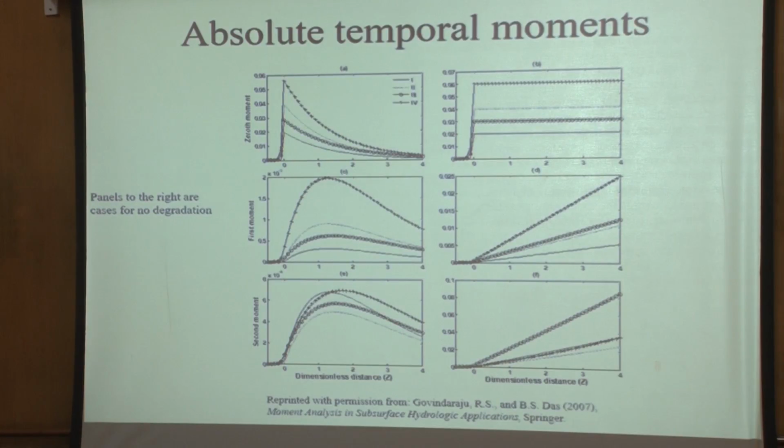So if you are measuring something in the negative direction, you may get some concentration values as the plume spreads back, but it will also spread out or leave that region, and so you'll again have concentrations going down. But you are not sampling the entire mass of the plume. You are just measuring some concentrations. Since the whole plume is not sampled, we are not able to do moment analysis for those locations.